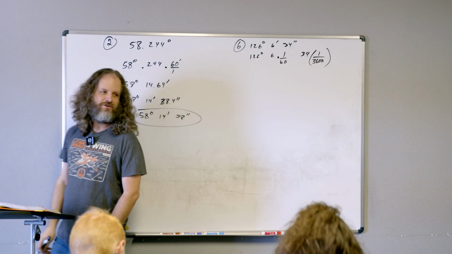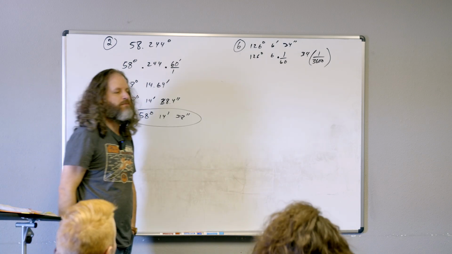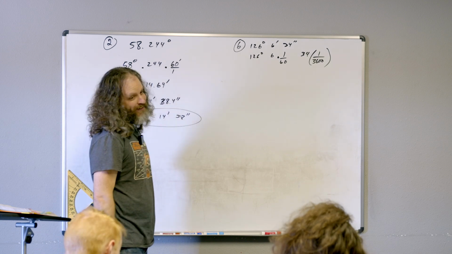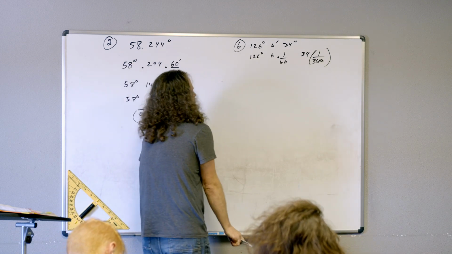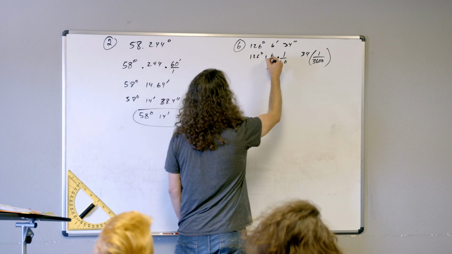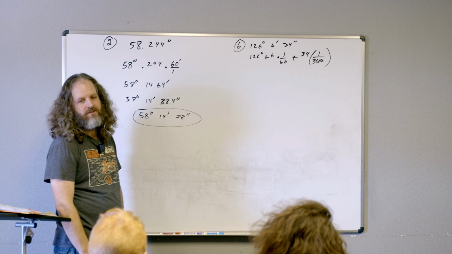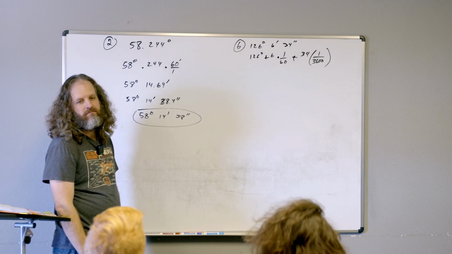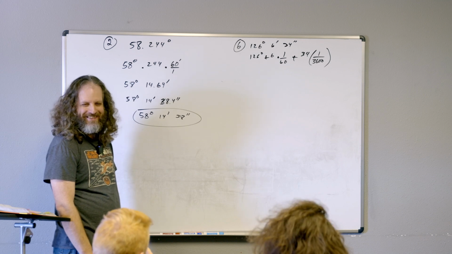So that's what we're going to do. Times 60 is 360. Yes, it is. You didn't say what you meant, but you meant what you said. 60 times 60 is what?